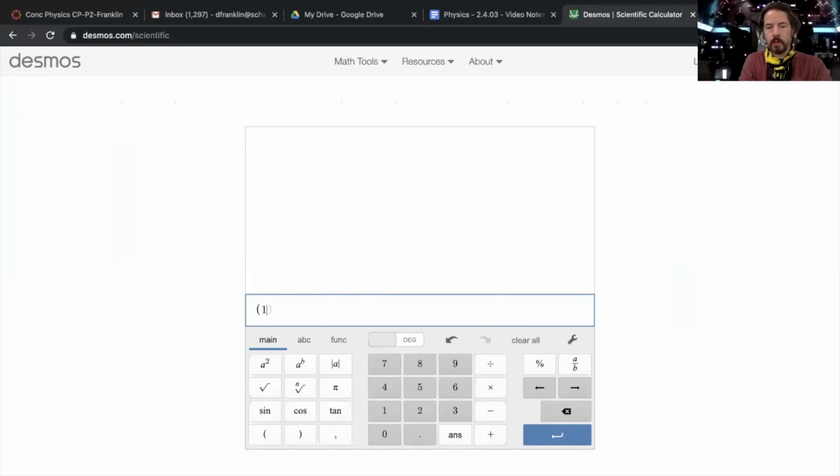Parentheses is your friend. 1 divided by 2, parentheses, 1/2. Acceleration is negative 14.5. Parentheses 1.17. And that one is squared, so let's hit the squared button here.